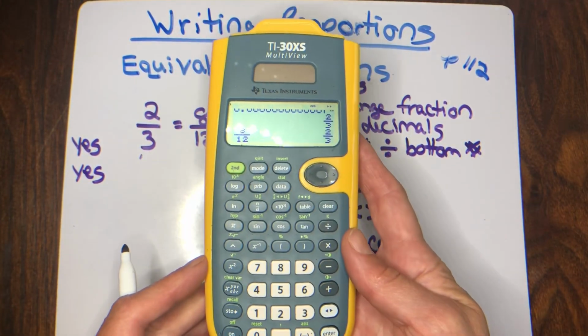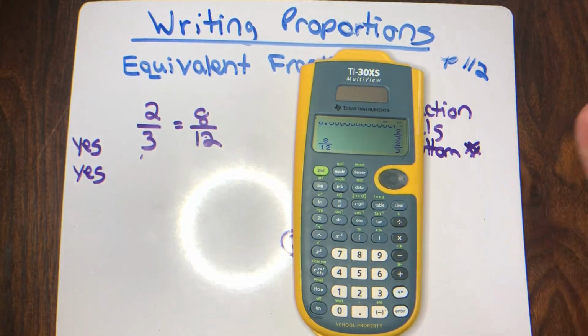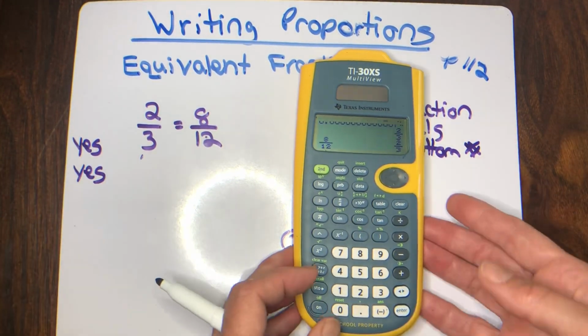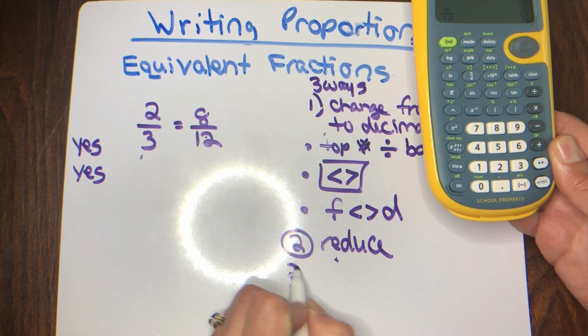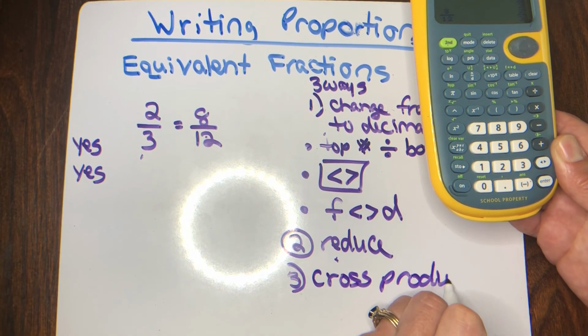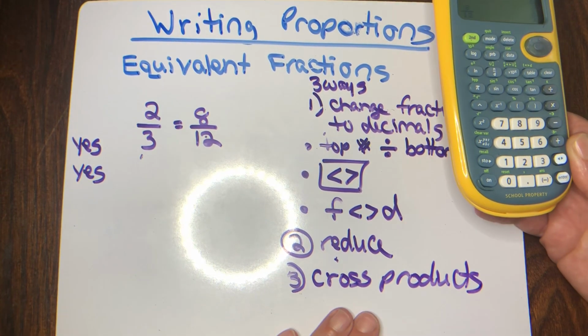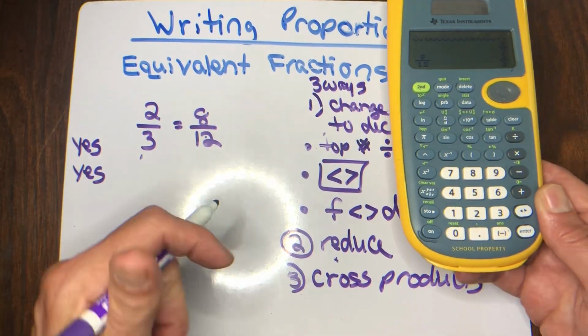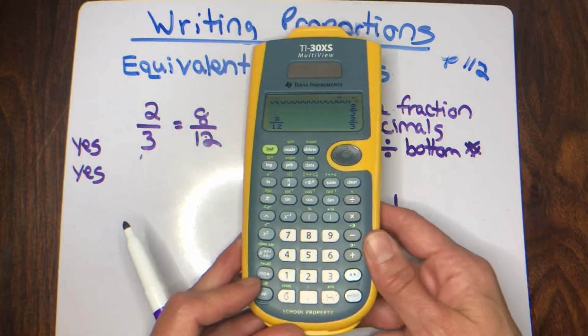And then the last way to do it is the cross products, which is what they're asking us to do here. Cross products are super easy, and if you can just remember to use it, that's the thing, you have a lot to remember. I know there's a circle there from the light, but I want to show you this on the calculator.